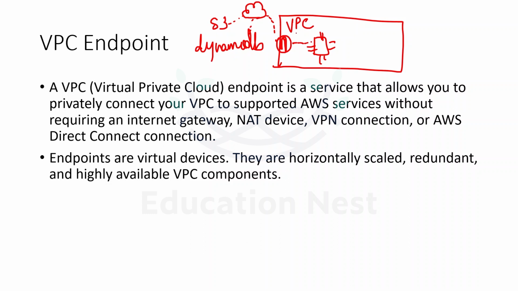But what if I don't want my traffic to traverse the public internet? I don't want to go through an internet gateway, NAT device, VPN connections, or any Direct Connect connections. So what is the option? To create the endpoint. It allows you to privately connect your VPC instances to other AWS services.